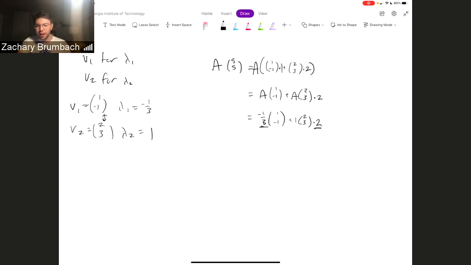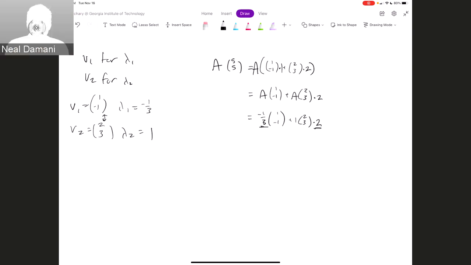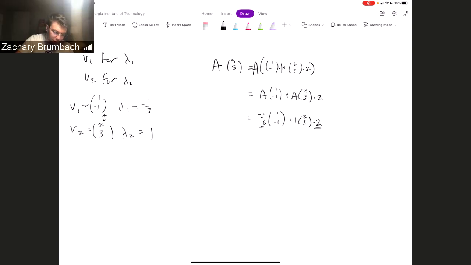Any last questions? Wait, can you explain that one more time? I got kind of confused. Can you switch the eigenvector to be 2 from being negative 1/3? Oh, no. The eigenvectors are still out here, right? I'm just breaking up this vector.